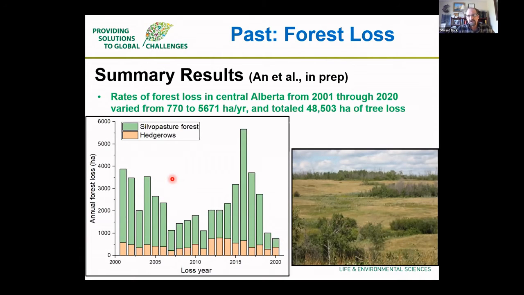In some years it was fairly modest, a little less than 1,000, around 770 hectares per year. But in the years when crop prices were really high, we lost a lot more forest, over 5,000 hectares per year. And the total over that 20-year period was almost 50,000 hectares. So that's an aggregate metric of forest loss within this area.